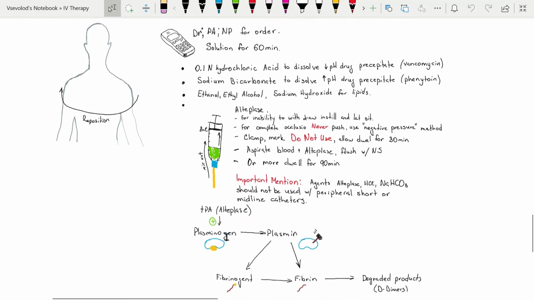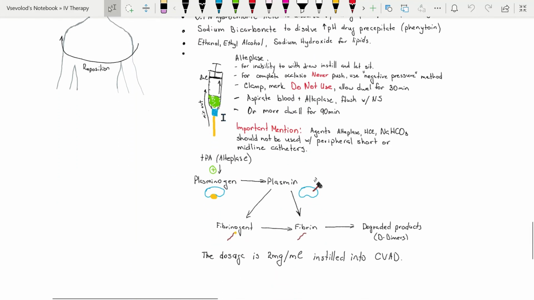Afterwards, clamp the catheter and secure the device to the patient and label it "Do not use." Allow the agent to dwell in the catheter. Recommendations for alteplase: allow to dwell for 30 minutes and then assess for blood return.